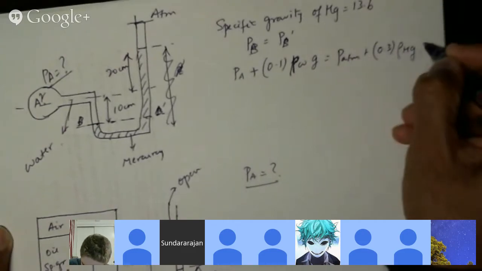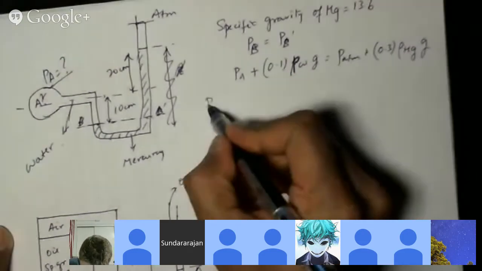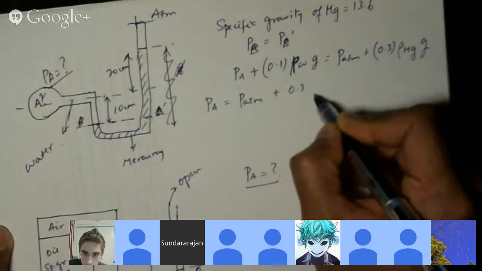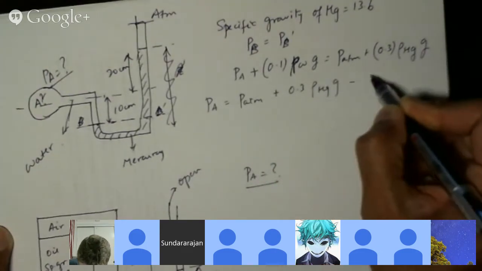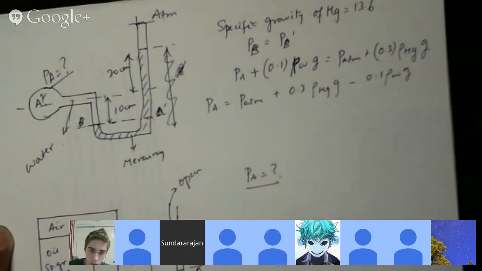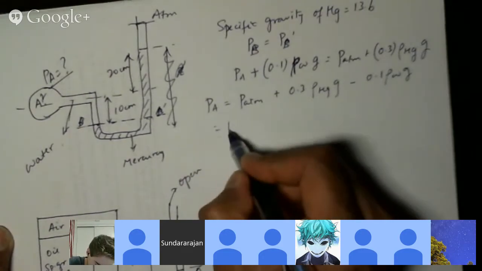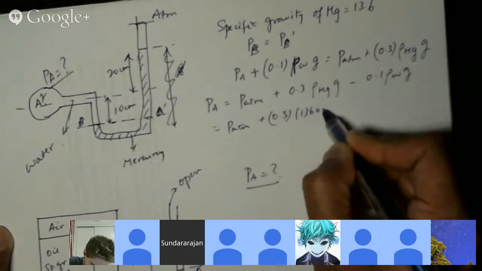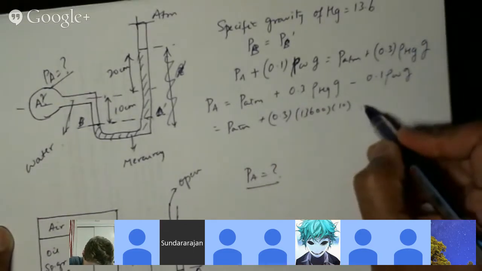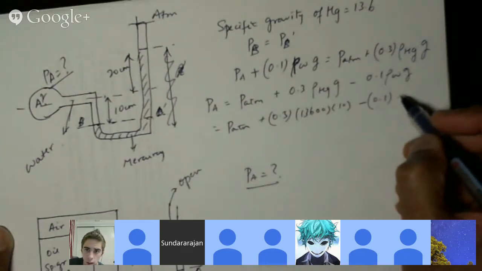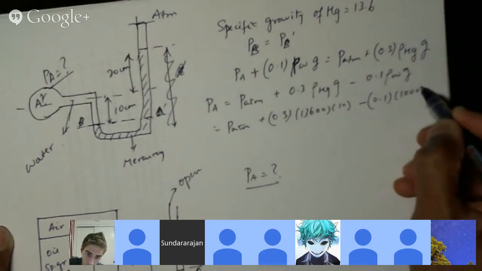So the pressure at A is atmospheric pressure plus 0.3 times rho of mercury times G minus 0.1 times rho of water times G. Okay, so it will be P atmospheric plus 0.3 times 13,600 times G minus 0.1 times 1000 times G.